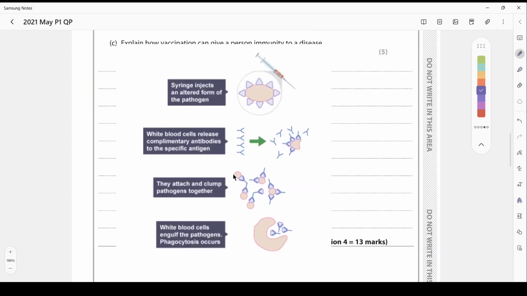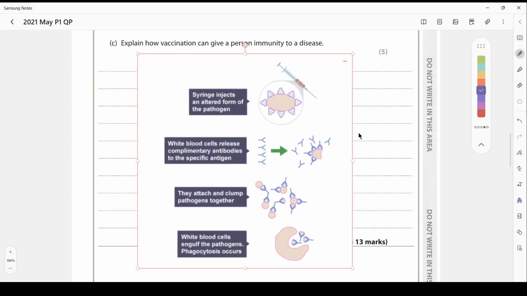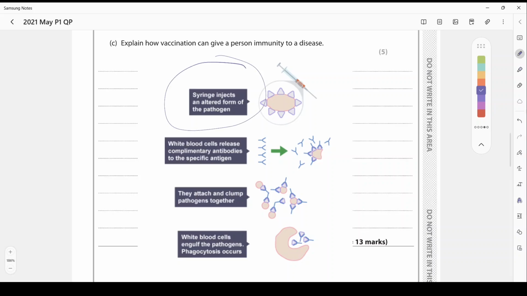All right, so I've included a diagram here. This is from the BBC Bitesize website. So what a vaccine has is this altered form of that pathogen. So that could be a weakened form of that pathogen, a harmless form, or perhaps part of the pathogen would be inside of the vaccine. So long as it contains the antigen, then it is able to stimulate an immune response.